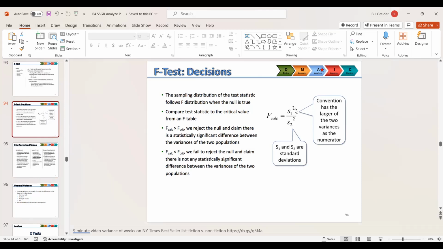I wouldn't go out and measure all of them. I have to get a sample, figure out what the standard deviation is, and go from there. Once I have the F calc, I compare the number to a table and see if I can reject the null.